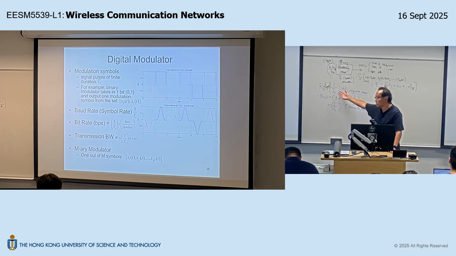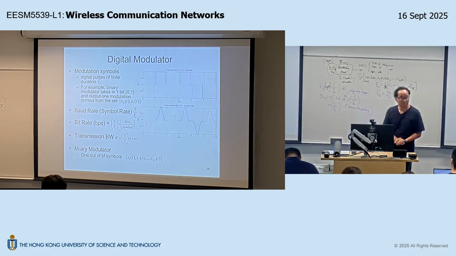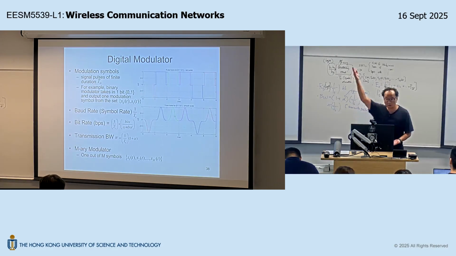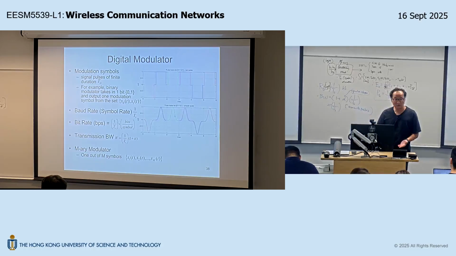Now what I've shown here is the bit rate can be increased to any level you like. Bandwidth stays the same. So no cost, and I can increase the bit rate to any level. This seems to be too good to be true, right? So what is the hidden cost?